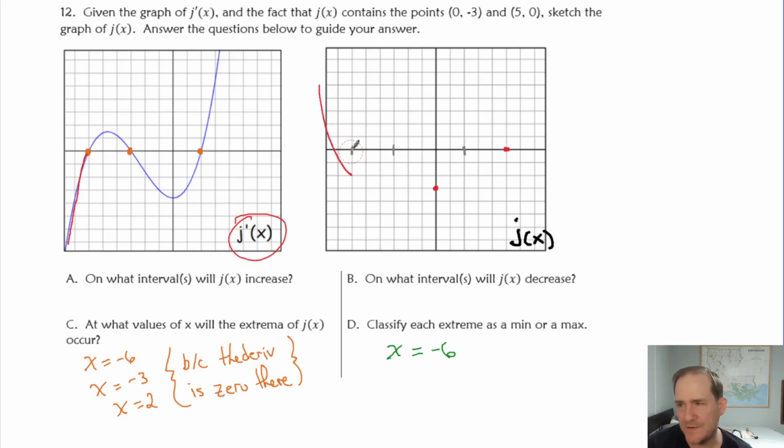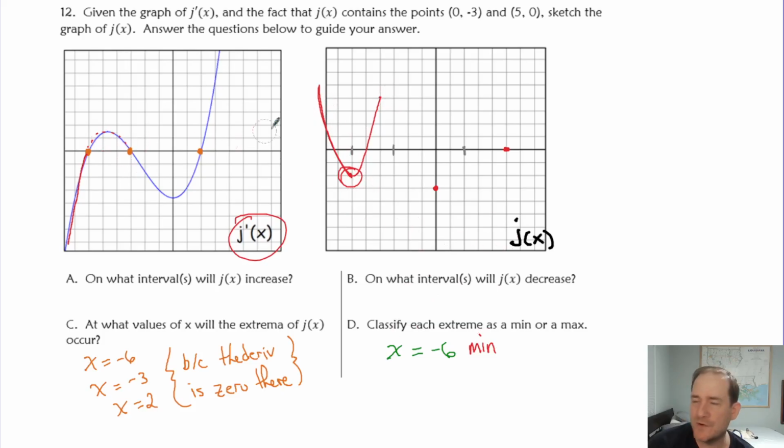So I must be decreasing. Then when I get to -6, my derivative is 0. And to the right of that, my derivative is positive, which means the function is increasing. So I decreased, got to this x value, and then I increased. So you tell me, what kind of point is that? That's a min. We know it's a min because we went from decreasing to increasing.